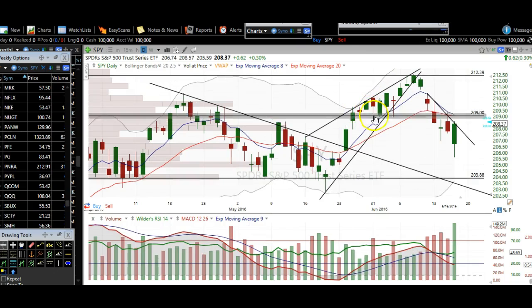Over here we created some nice support at 209, and as you can see, we broke through that, and now it's resistance. We also had a rising wedge pattern that we noted over here. If you've watched the last videos I've done on the S&P 500, you know that we liked it short from this rising wedge breakdown. So we broke down out of that. This was a nice technical pattern.